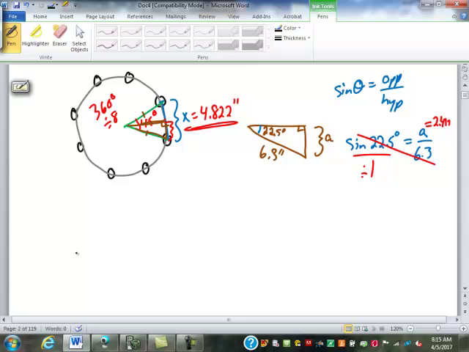Sine bar. So let's say we are using a 5-inch sine bar.